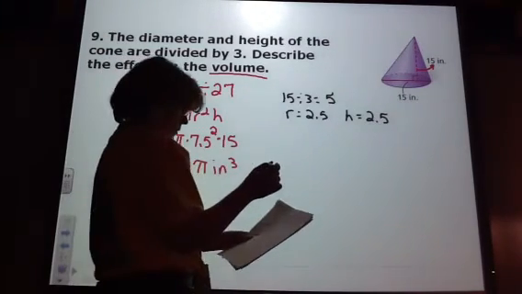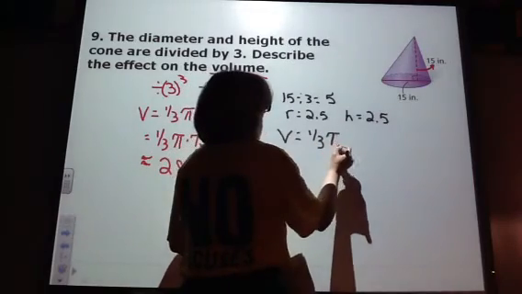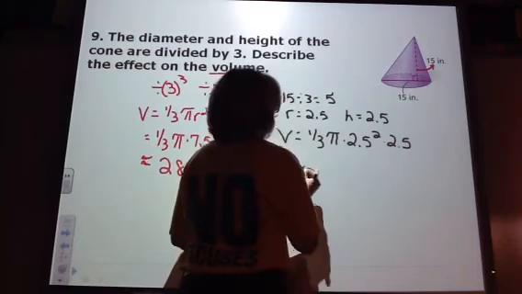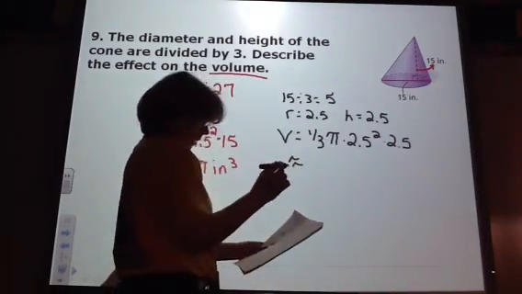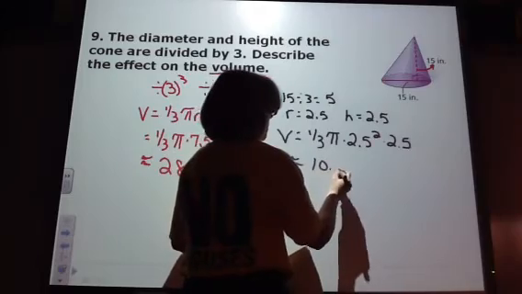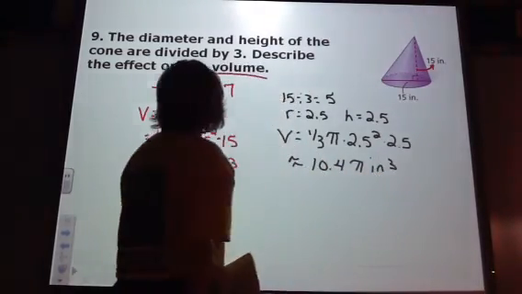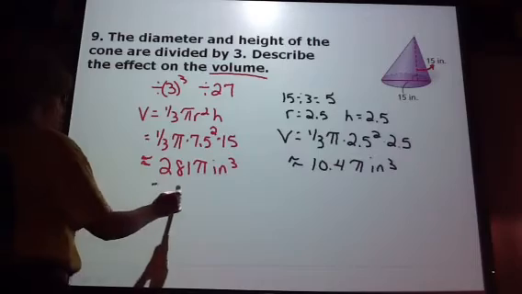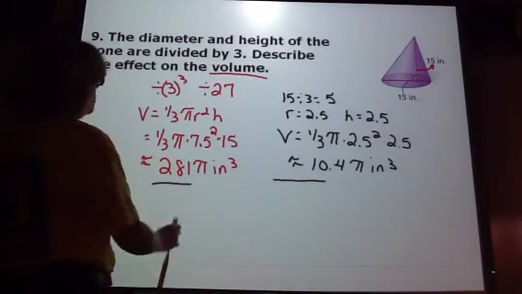So for this new one, we're going to get approximately 10.4 pi cubic inches. So it's off a little bit because we're estimating, to be more around 2.9.